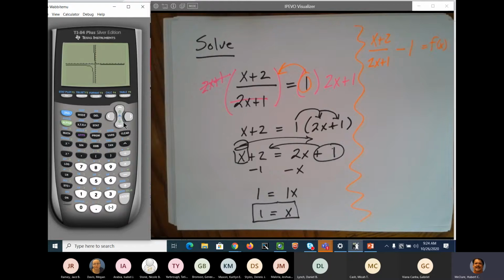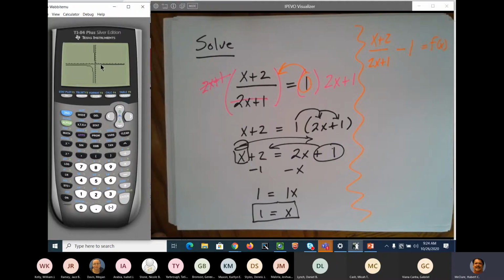Now you could go through and find your y-intercept and your x-intercept by plugging in 0 for x and 0 for y. You could do that, but I don't think they're going to ask you that type of question on this one. And basically what you just found is your x-intercept, because you set 0 equal to y.